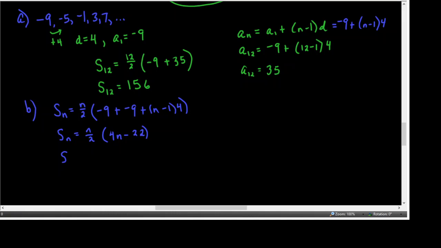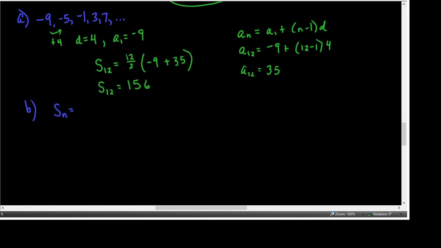Oh, I'm sorry. I messed up. Let me erase a whole bunch of stuff. Part B was not relating back to the other one at all. It was just a brand new problem, and I just messed up and did it as if we were doing the continuation of that same sequence. Okay, so there we go.